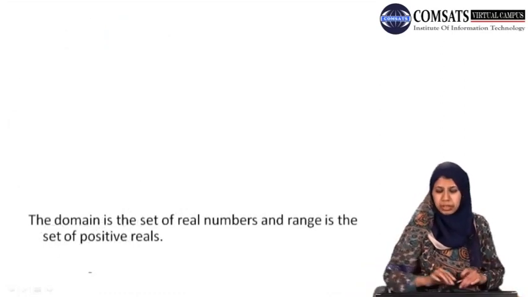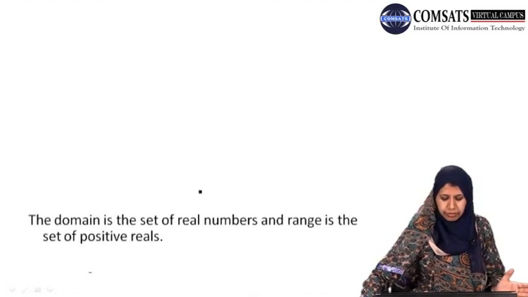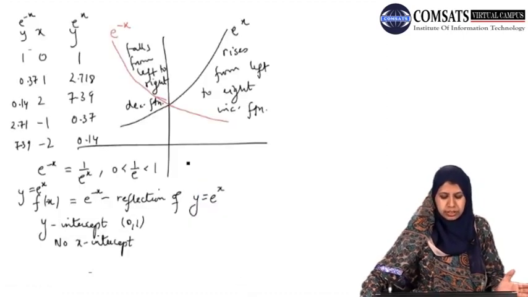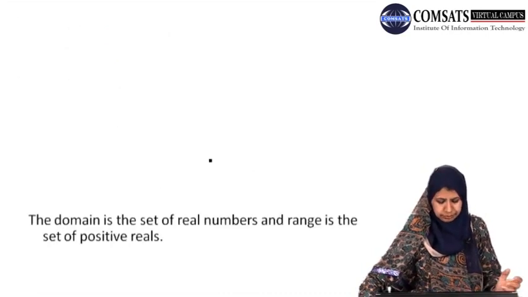And what is the domain in both the cases? The domain is the set of real numbers, and the range, if we look at the graphs, is the set of all positive reals.